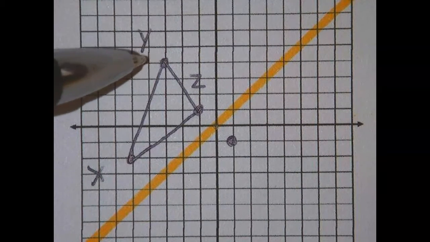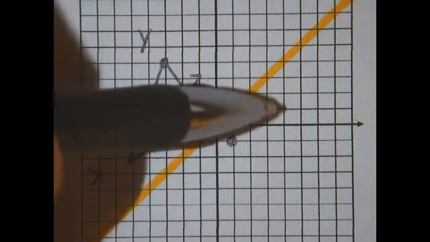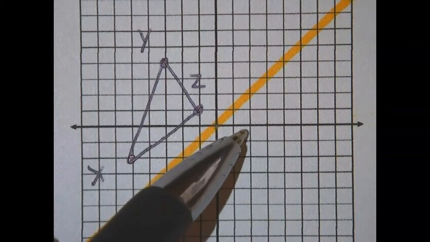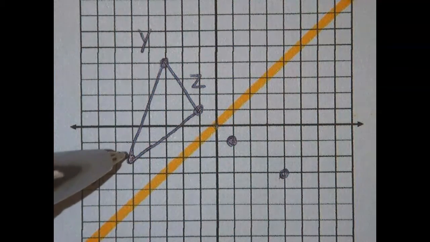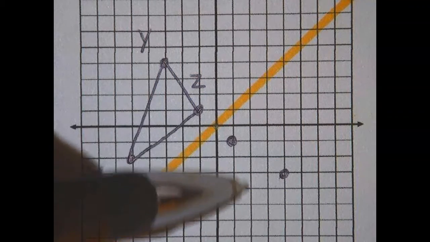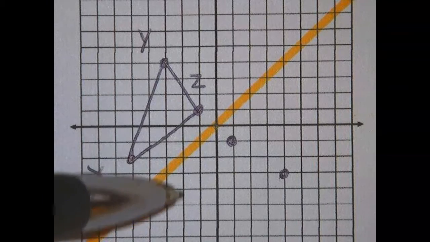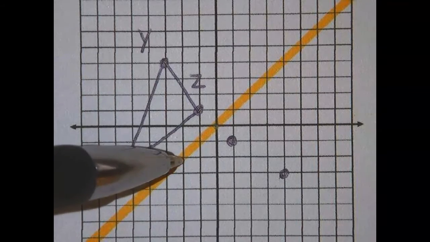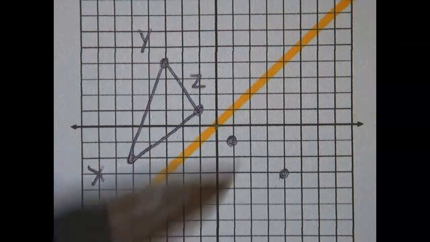This point, negative 3, 4, is going to go to 4, negative 3. So 1, 2, 3, 4, 1, 2, 3, right there. And this point, negative 5, negative 2, is going to go to negative 2, negative 5. 1, 2, 3, 4, 5, right there. Does that look right? It should.